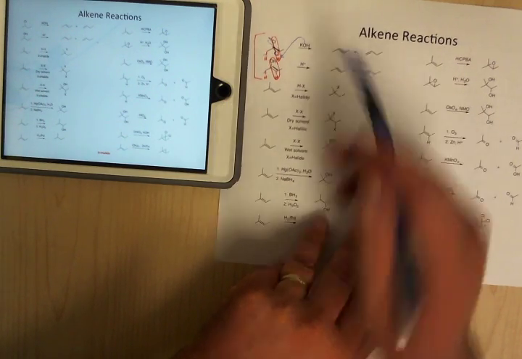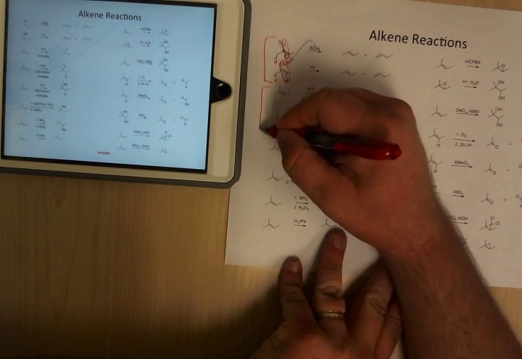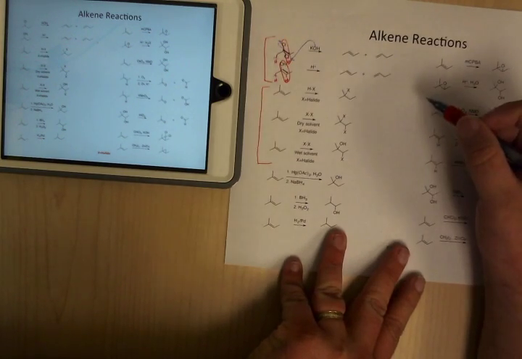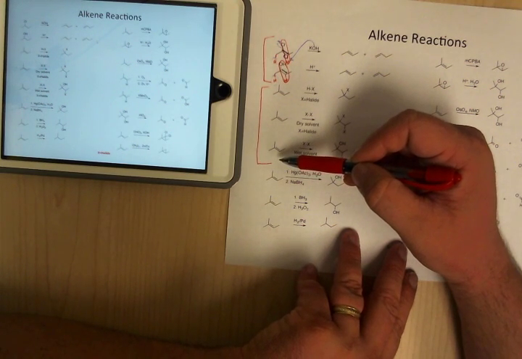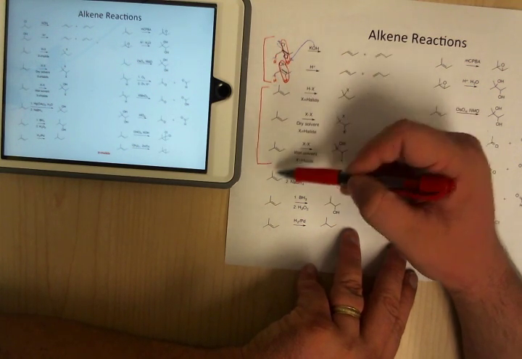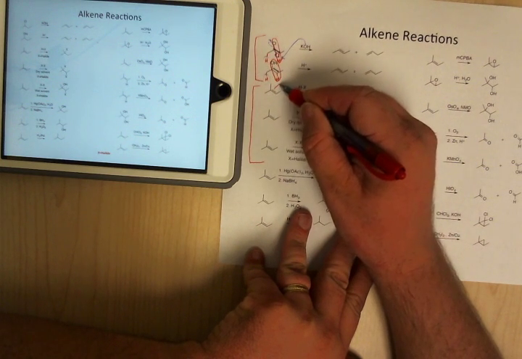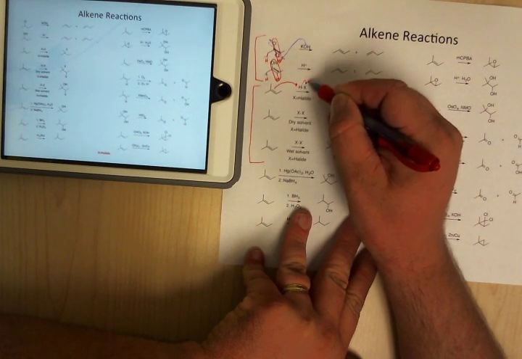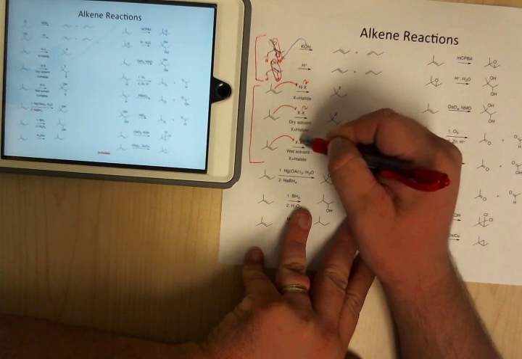Now these guys here are also very similar. They all have the exact same mechanism. So this attacks that and kicks this away, this attacks that, kicks that away, this attacks that, kicks it away.